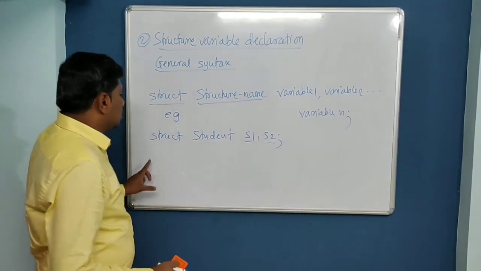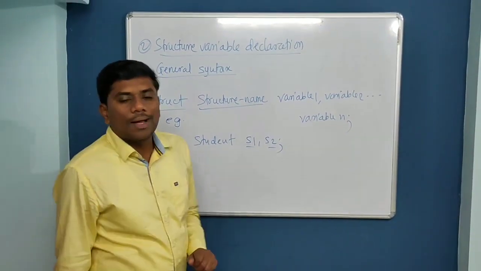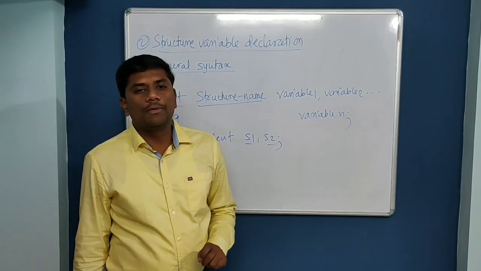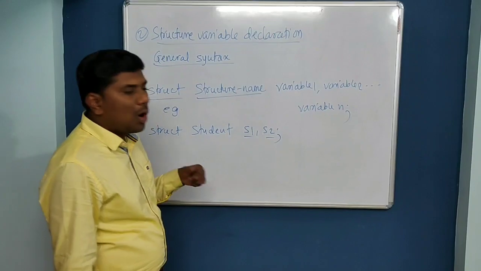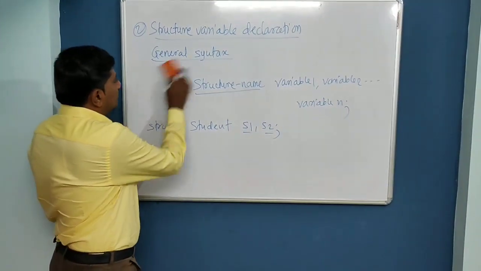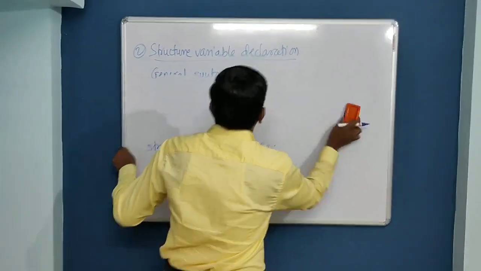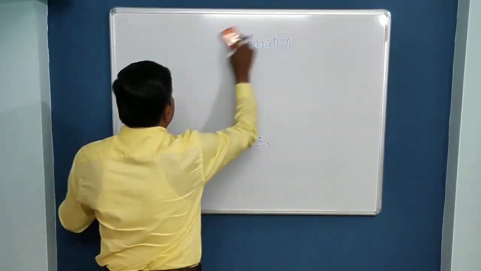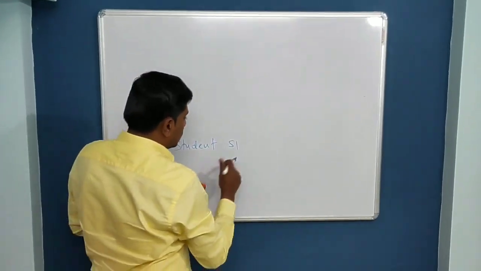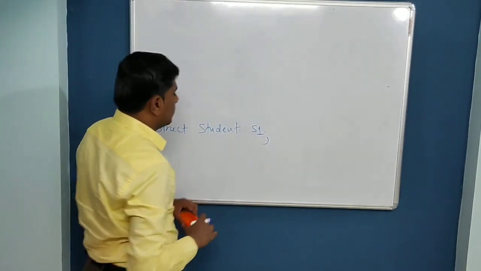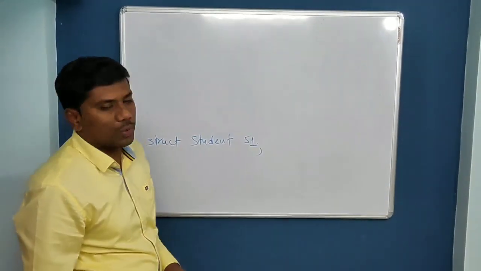Getting? So one variable means 1 student and second variable means second student. Okay. So at this point of time, compiler will reserve the memory for your structure student. Now how memory will be allocated, that we'll see. Now just consider there is one structure variable s1. Struct student s1.